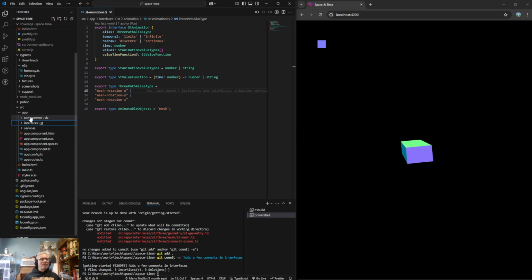Because I have a component here and then I have components and then viz, and maybe it should be like general or top level components. So that probably would be a good idea to take care of that now. And then he says interface is a bad idea.